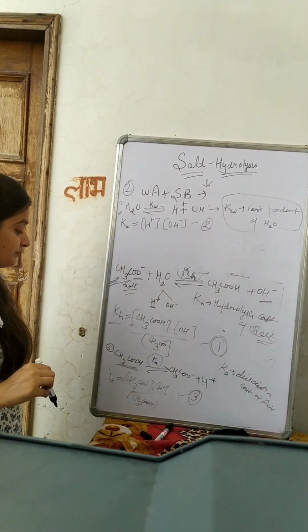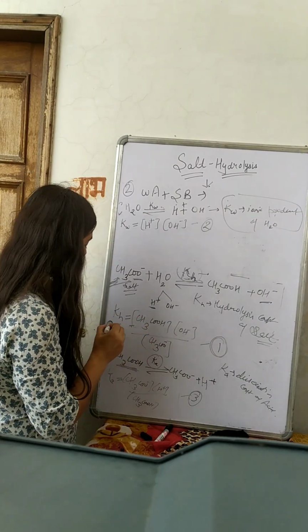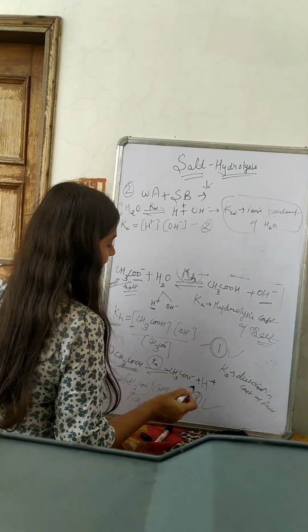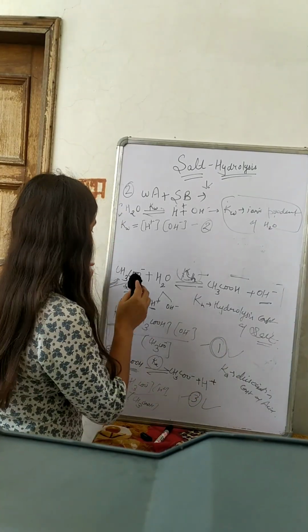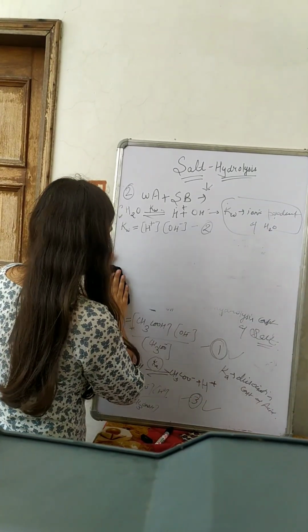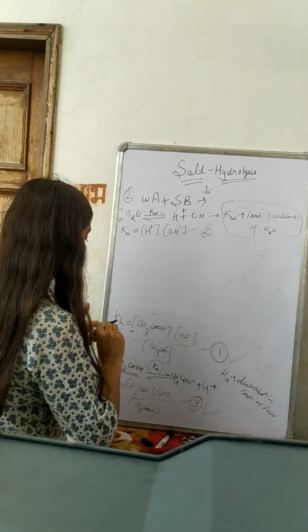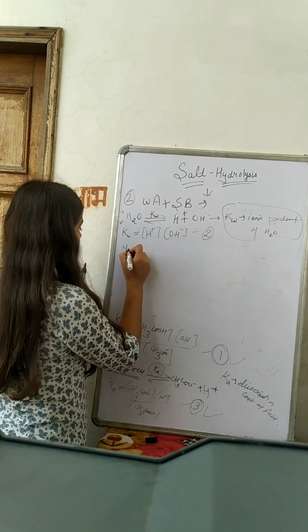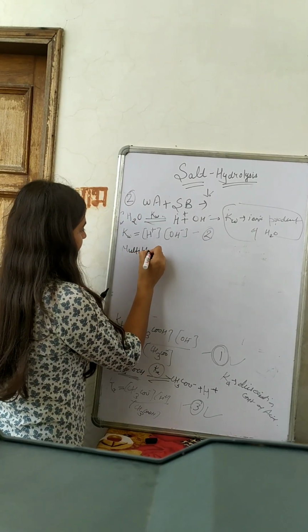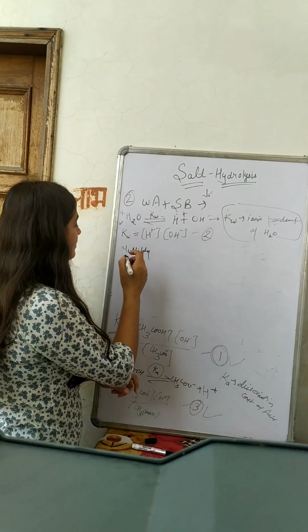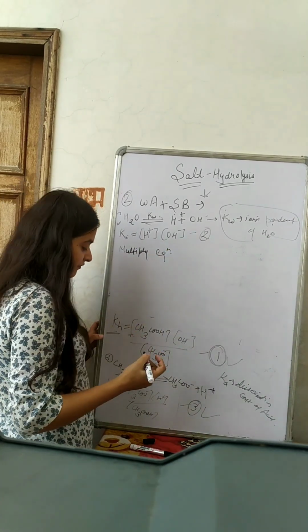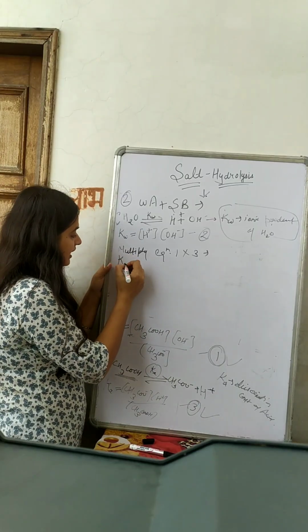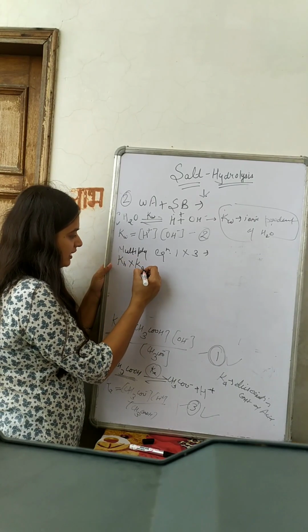So what we have to do is multiply the first and the third equations. What you get is Kh times Ka.